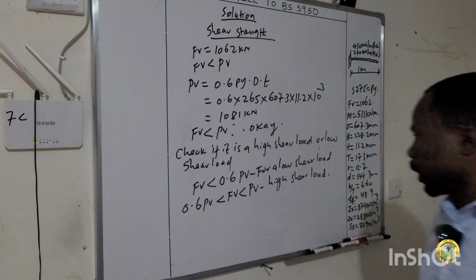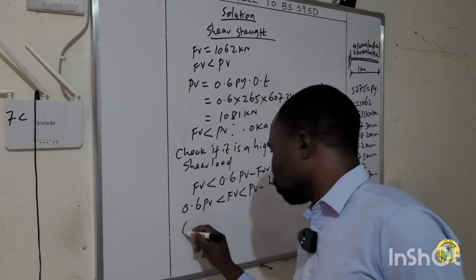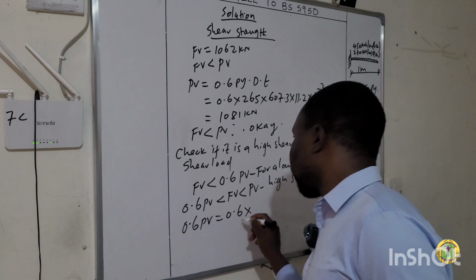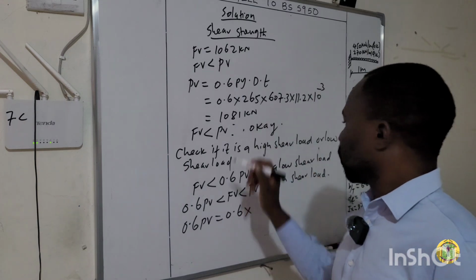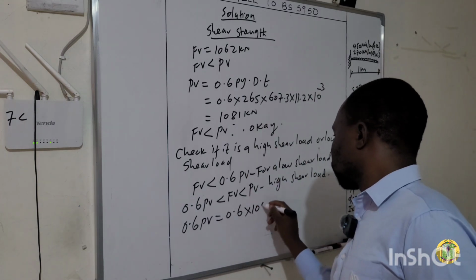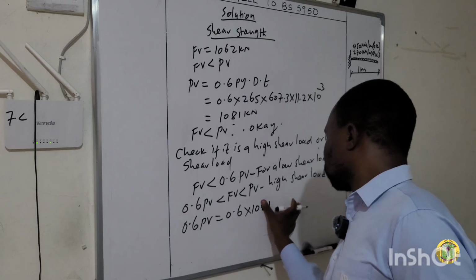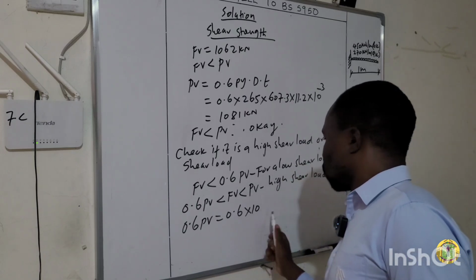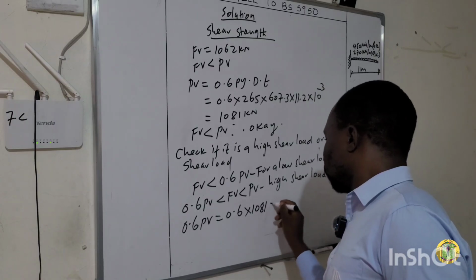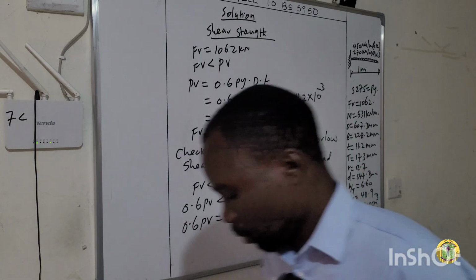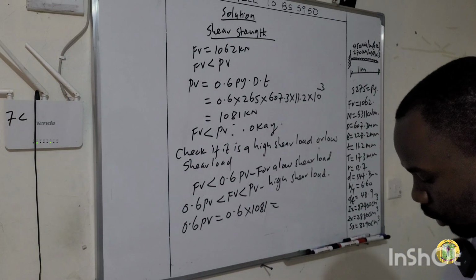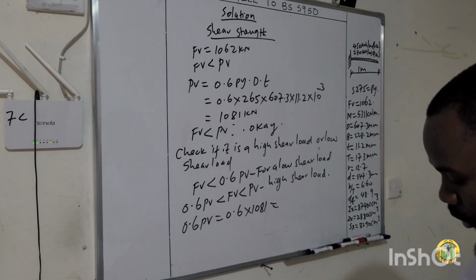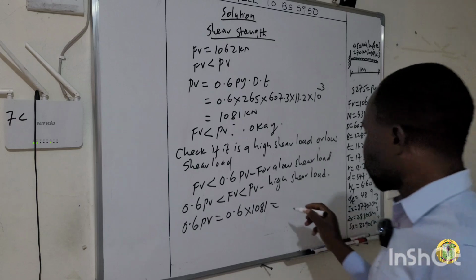So the determinant factor here is 0.6 PV. So 0.6 PV is equal to 0.6 times PV, which is 1081, which is equal to 648.